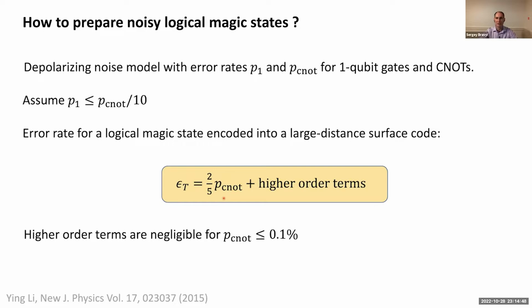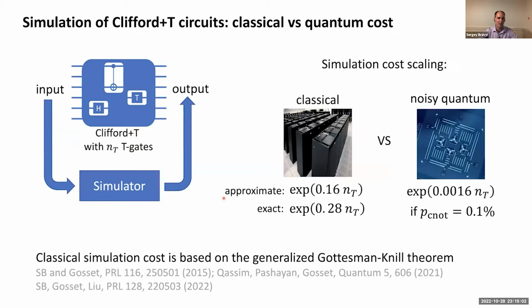And now we can estimate the sampling overhead of the quasi-probability method just by plugging this expression into the formula for the negativity. So let me just show you the final answer. So suppose our goal is to simulate a Clifford+T circuit.